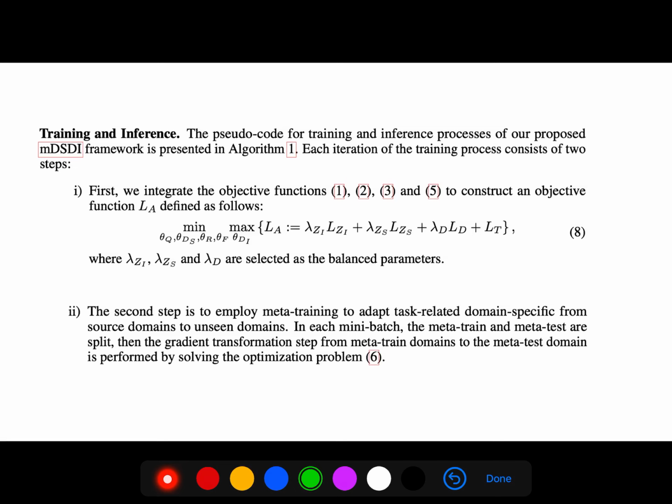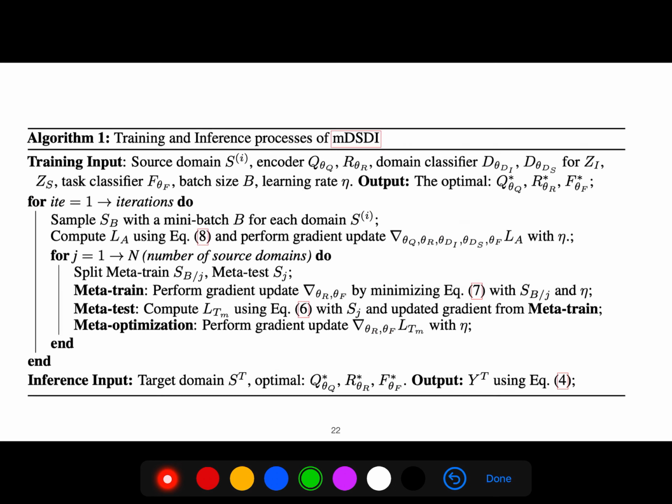The second step is to employ meta-training to adapt task-related domain-specific features. So they have meta-training, meta-testing, and meta-optimization. The output is just y using equation 4.